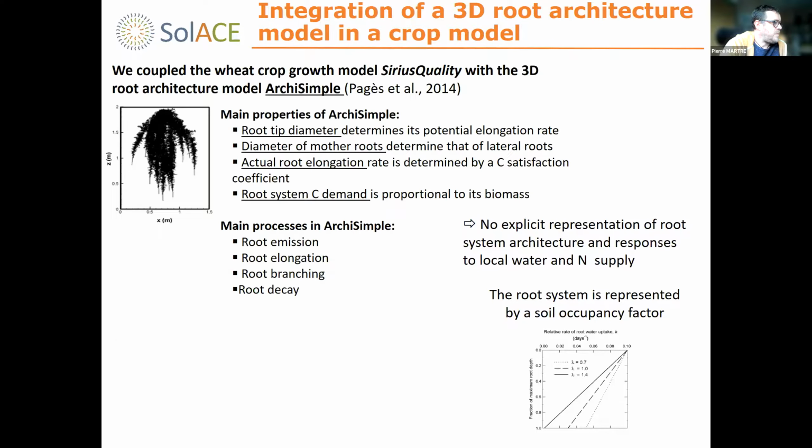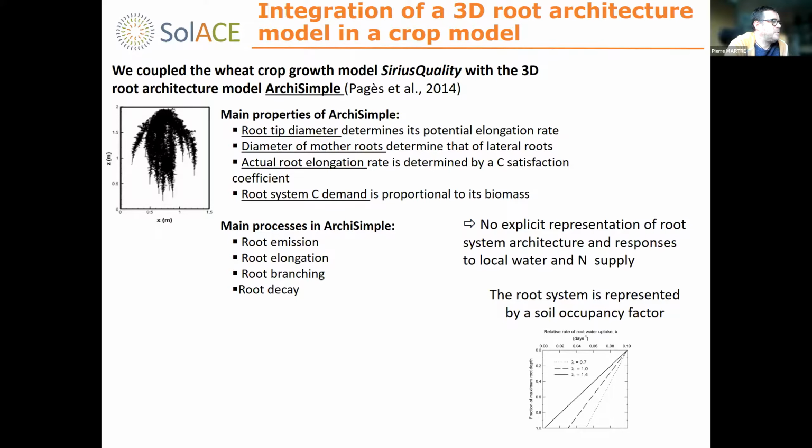And so what we are doing in SolACE is that we have coupled this crop growth model, or in fact, we replaced the very simple representation of the root system in the crop growth model by a 3D architectural model called ArchiSimple.